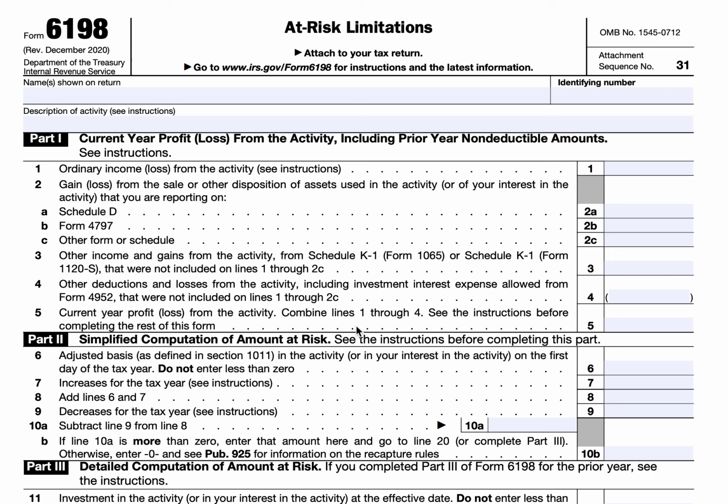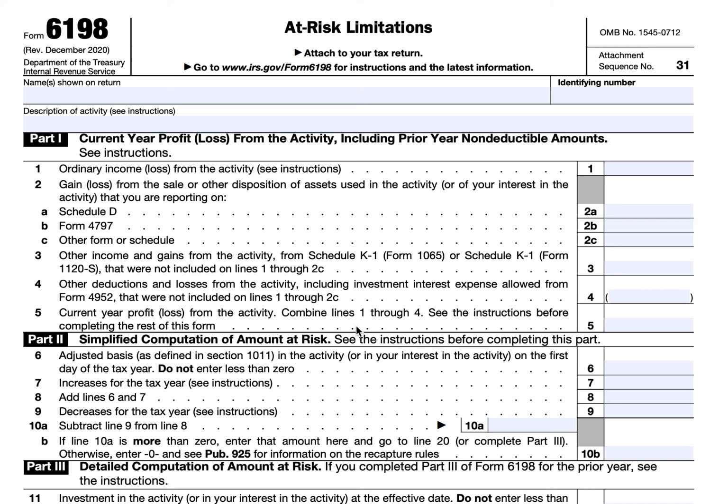There are a couple of exceptions for taxpayers holding real property that was placed in service before 1987 or holding a partnership interest that was acquired before 1987. So the other thing that we should discuss is what the IRS considers to be amounts not at risk, because the tax treatment on losses that you're going to declare depends on how much of your investment was at risk versus not at risk.